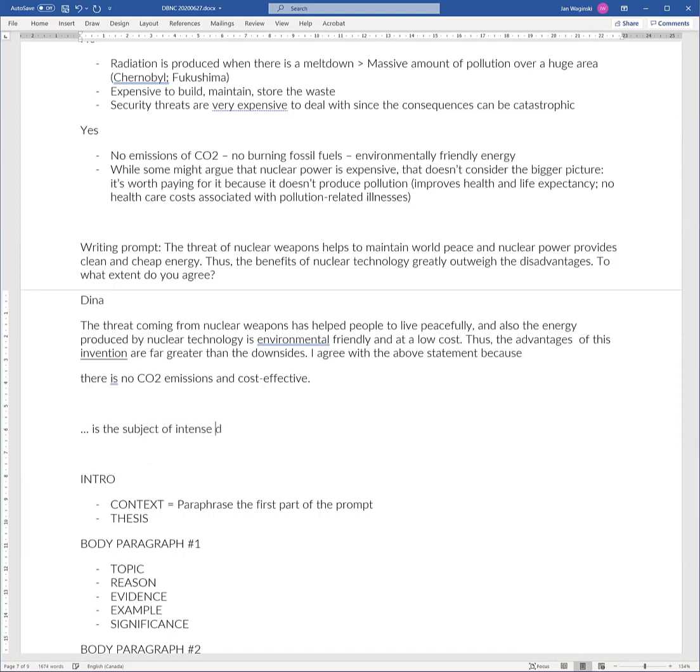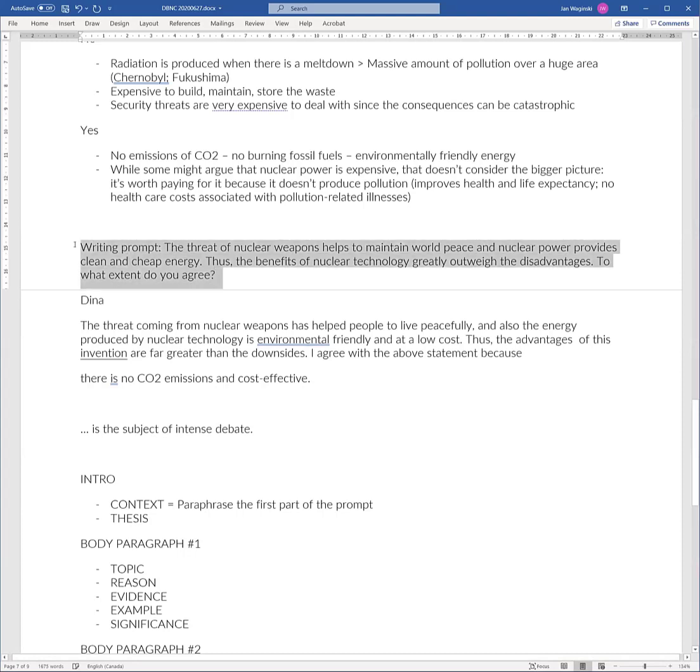Shall I repeat part of the question, whether the advantages outweigh the disadvantages? So shall I paraphrase the question and then mention it again in the thesis, or can I go direct to the thesis?